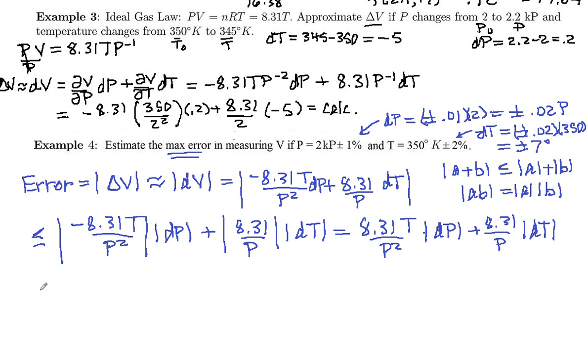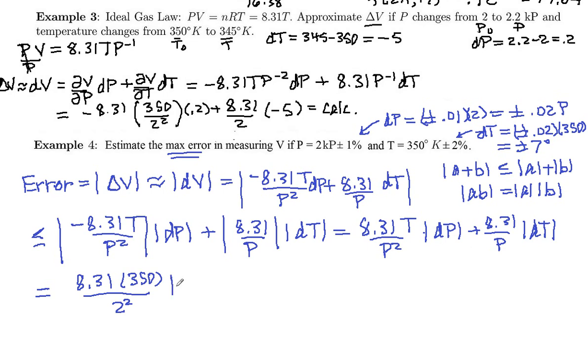So now we can go ahead and plug in our T and P. So P is 2 and T is 350. So this will be 8.31 times 350, and we're dividing by 2 squared. And then our dP is plus or minus 0.02 pascal.